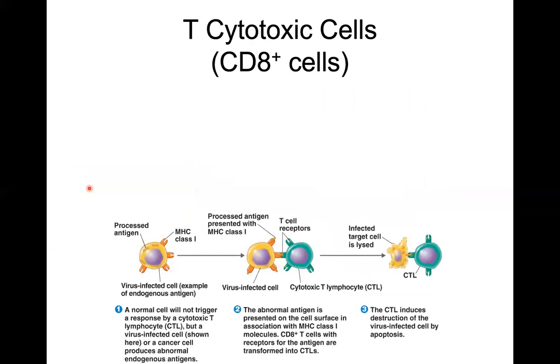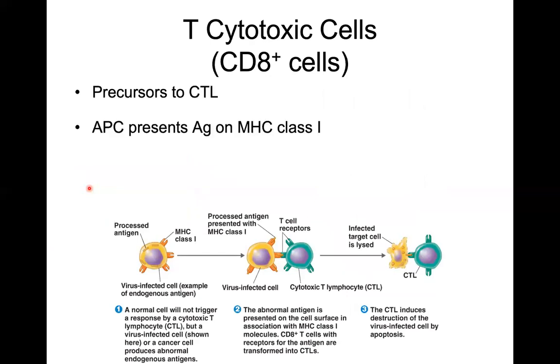Here's how CD8 positive cells work. Sorry, animated out of sequence. These are precursors to cytotoxic T lymphocytes. Cytotoxic T lymphocytes are involved in the direct killing and destruction of an infected cell. Cytotoxic T lymphocytes, or these CD8 positive T cells, will recognize and kill non-self cells.